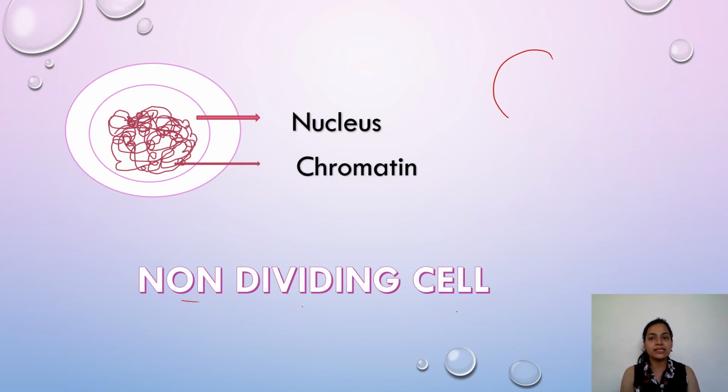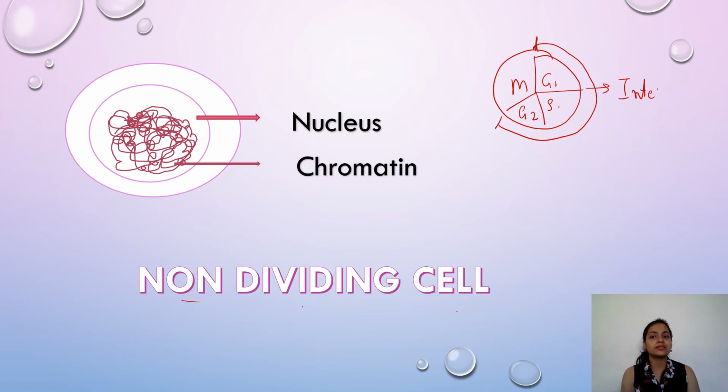If you remember the cell cycle, inside the cell cycle you can see there are some phases. The first phase is G1 phase, then we have S phase, then G2 phase, and then M phase. This entire phase is known as the interphase, and M phase is the mitotic phase, the phase in which the chromosomes actually segregate.